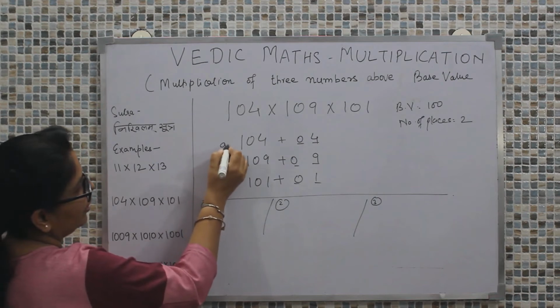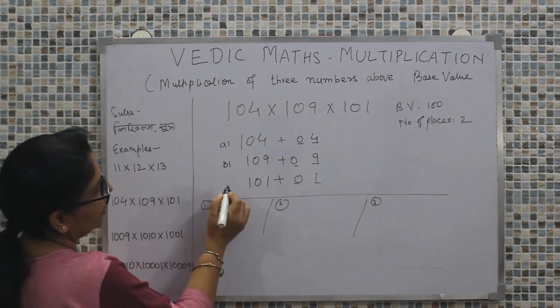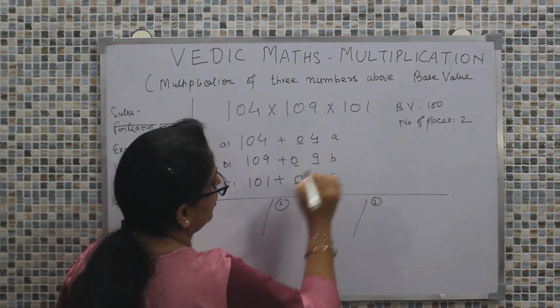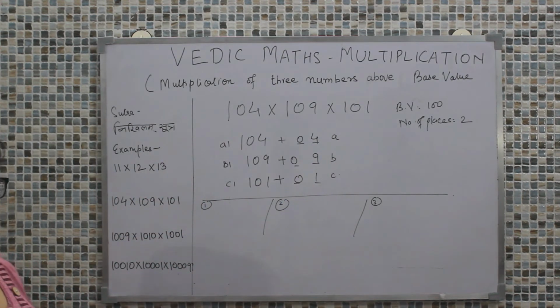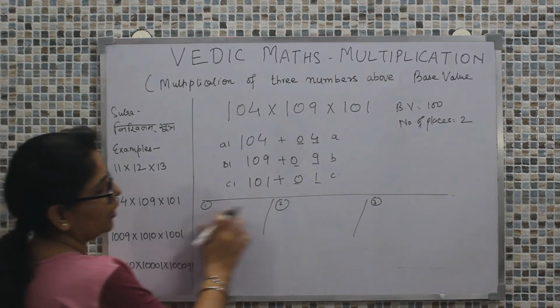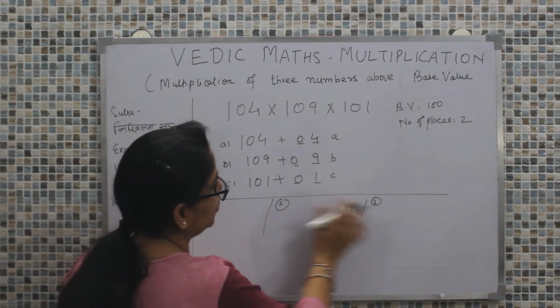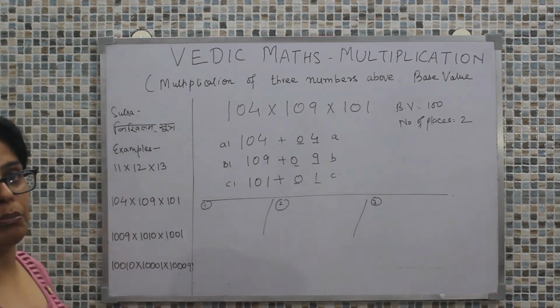Let's identify them with A1, B1 and C1. This is A, B and C. Now it is all simple. We can proceed with the calculation either from 1, 2, 3 or 3, 2, 1 or 2, 1, 3 or 2, 3, 1. They are totally independent.